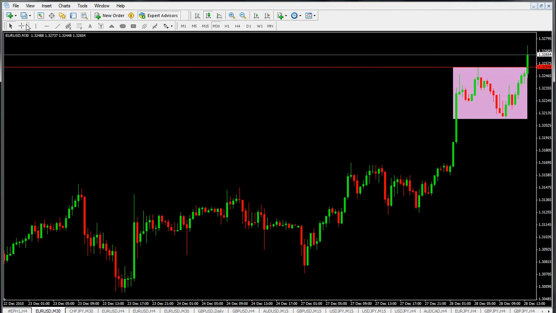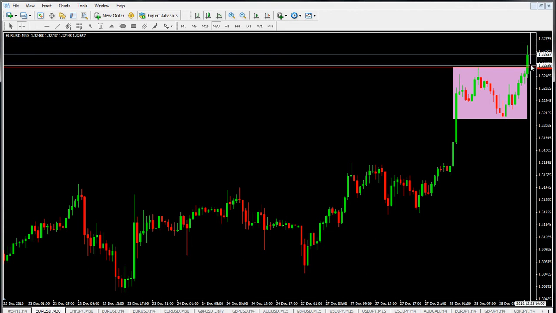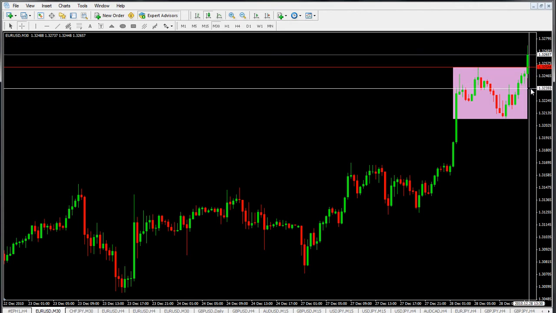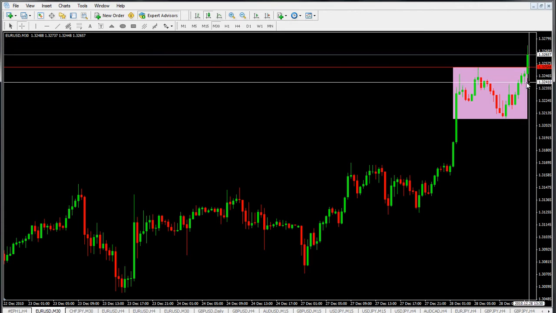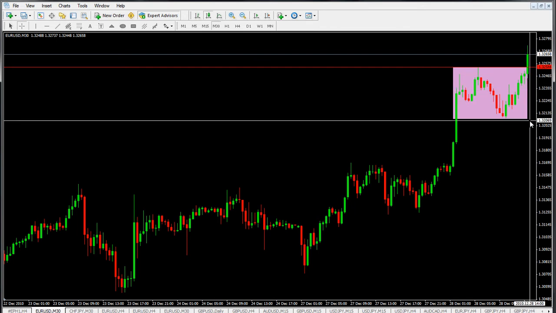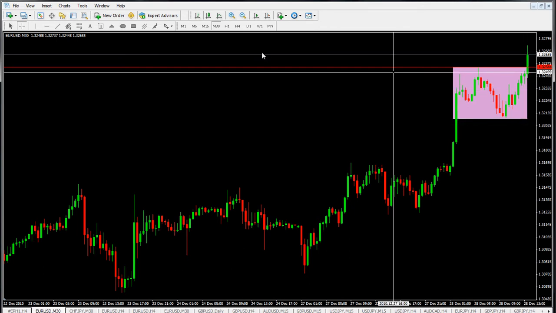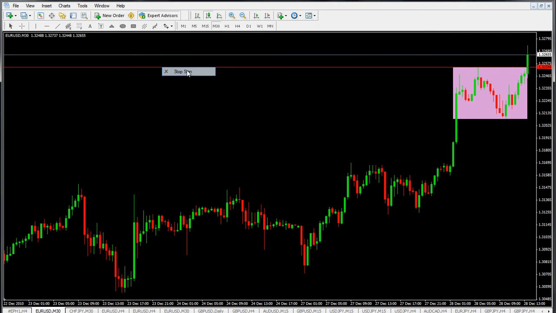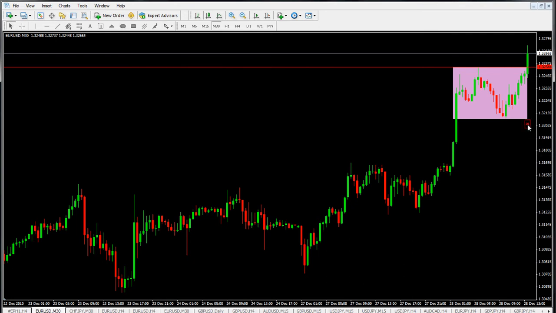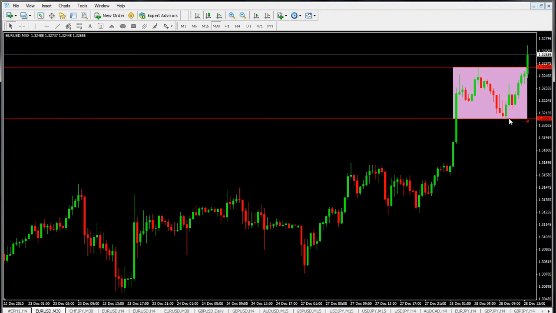So our stop loss probably would be somewhere just below those recent candles, or just below this rectangle pattern. So I would assign the stop loss to be just below this rectangle level that we can mark as well as a line. So stop loss would be just a few points below that level.